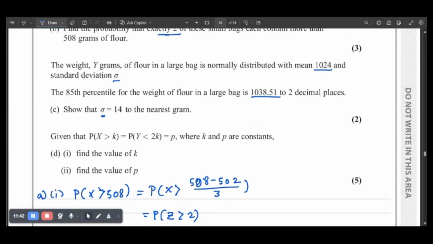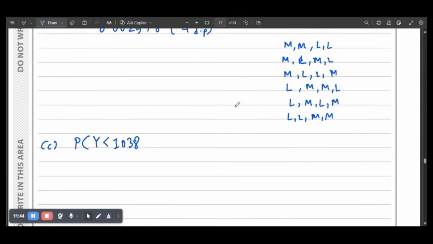What we see here for part C is that the information given can be written as y being less than 138.51.